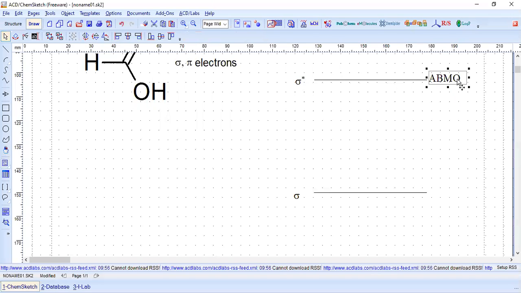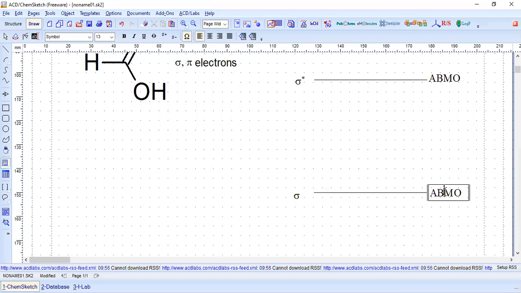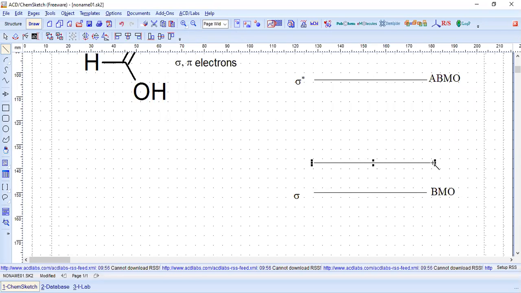That is what we have discussed in the first chapter. Now we are applying that previous chapter knowledge into the second chapter. You see that sigma and sigma star, and similarly pi and pi star.